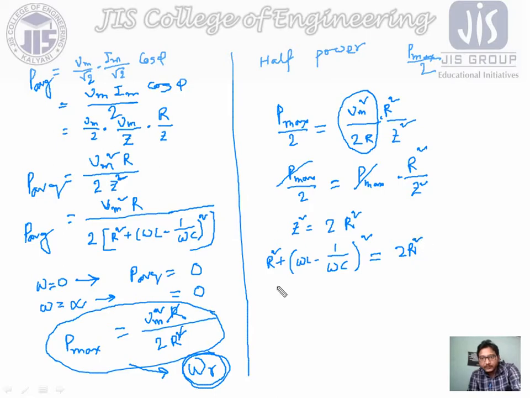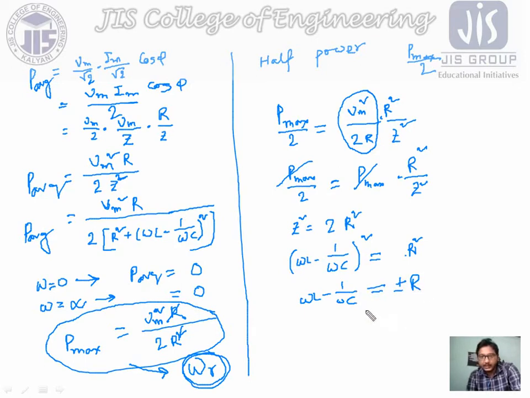Now if we take the root, omega L minus 1 divided by omega C equals plus or minus R.